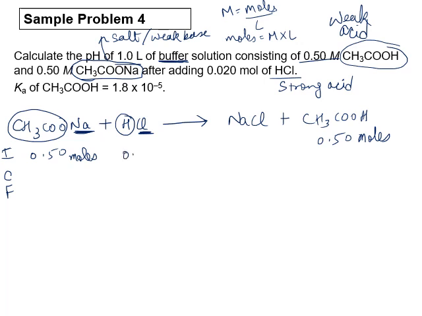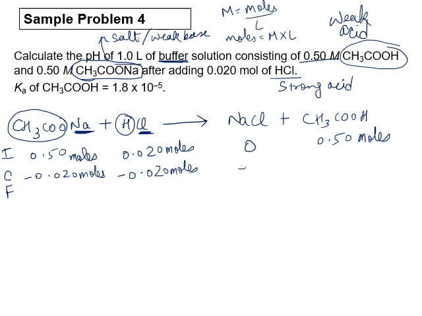After adding 0.020 moles of HCl, so we added this much HCl. Do I have NaCl in the beginning? No, so it's 0. Now let's do what would be the change. Which one's limiting? HCl is limiting here, so negative 0.020 moles. Negative 0.020 moles, 1 to 1 mole ratio.